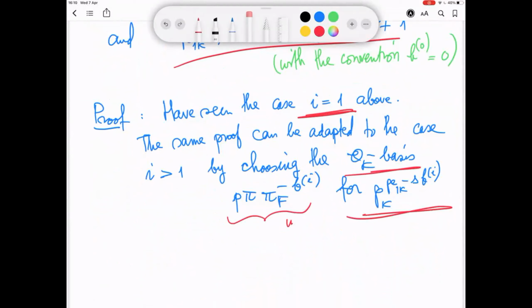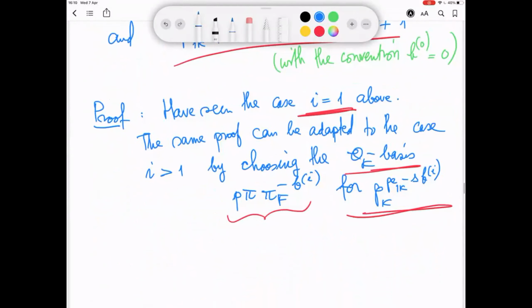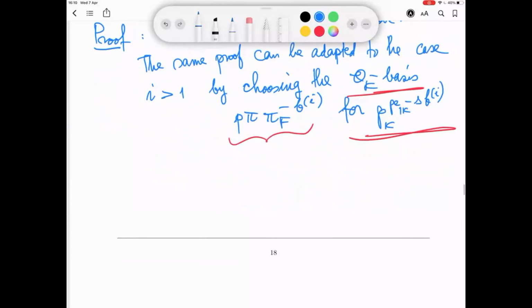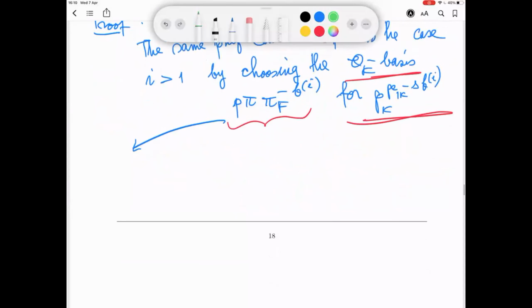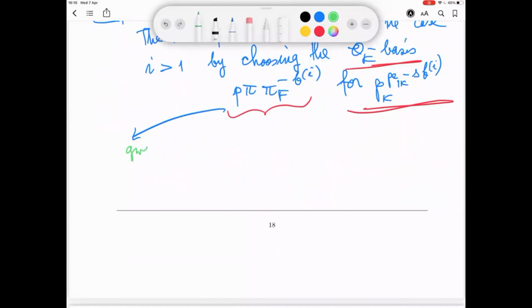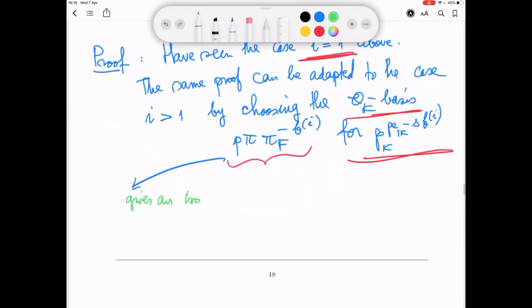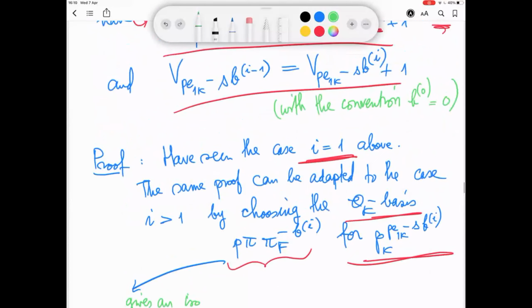So it gives you an isomorphism. So what does this basis do? This basis gives an isomorphism of this quotient, or whatever it is.